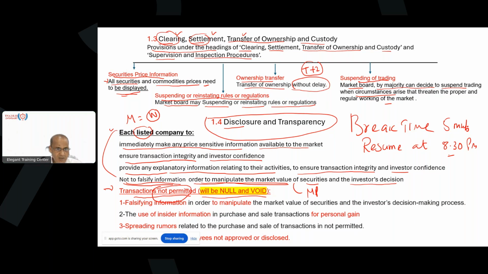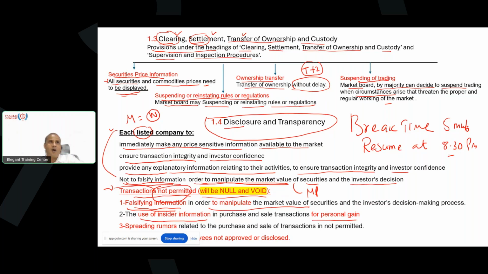Number one, falsifying information, meaning you are doing some transaction based on false information to manipulate the market price. Those transactions should be considered null and void. Number two, use of insider information for personal gain.